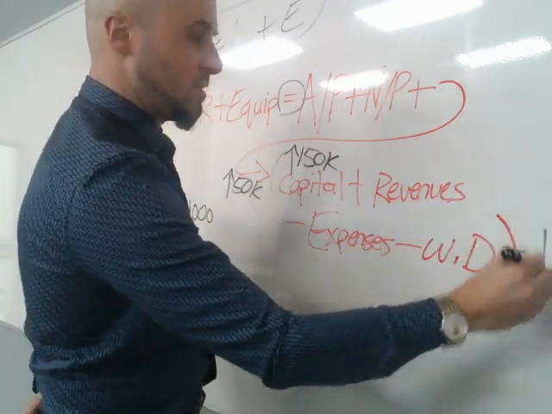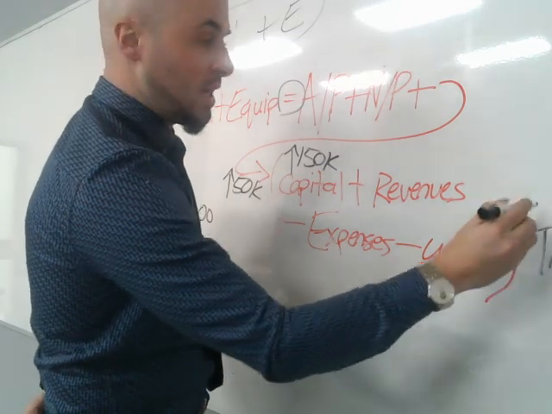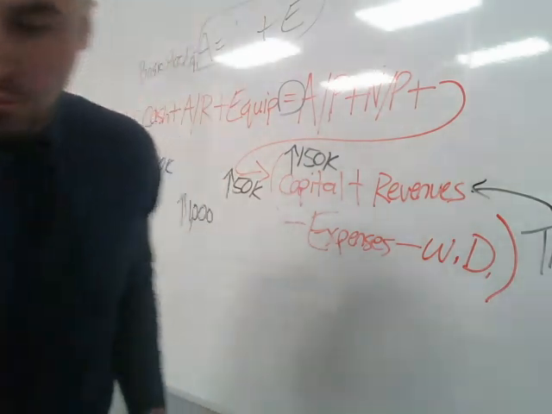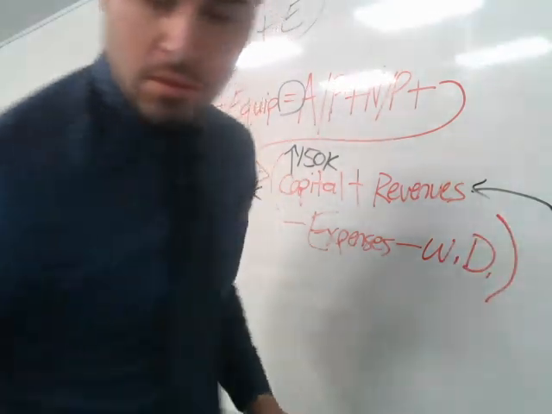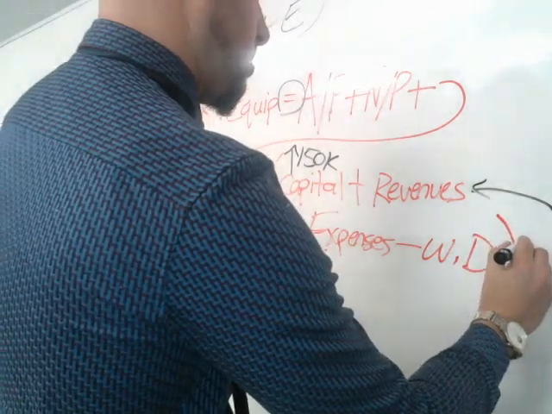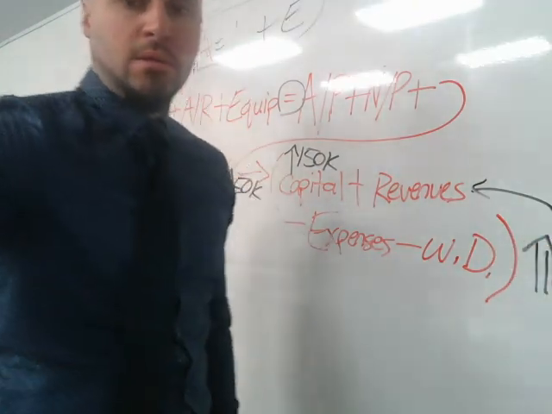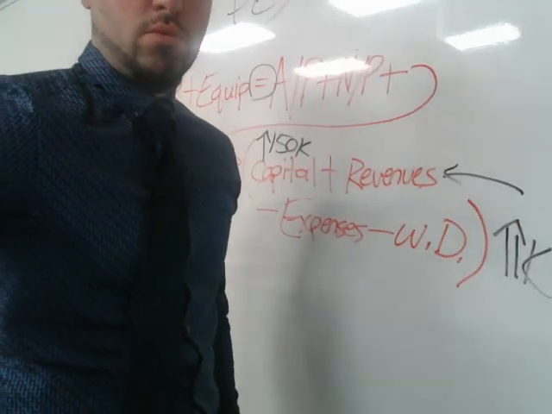So that means that the revenues go up 1,000. Just to align it with this, we'll say 1K and I'll just put an arrow to revenues. Up by 1K. There we go.